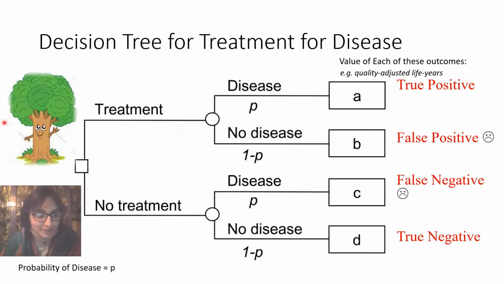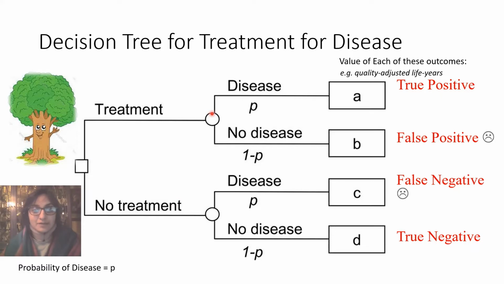So if you think of it in this way, this is a decision tree. If we look at a decision tree for the treatment of a disease, for instance, you can see that you have a disease or you don't have a disease. Let's say that the probability that you have a disease is given by P. So you can go for treatment or you can choose not to go for treatment.